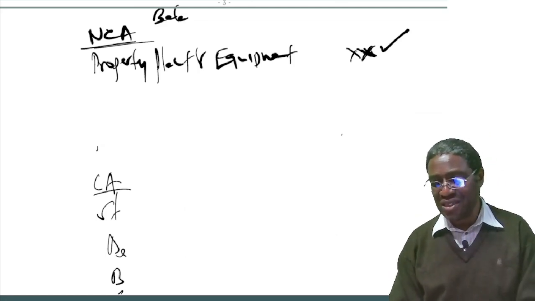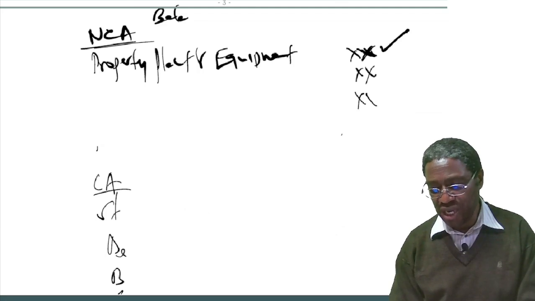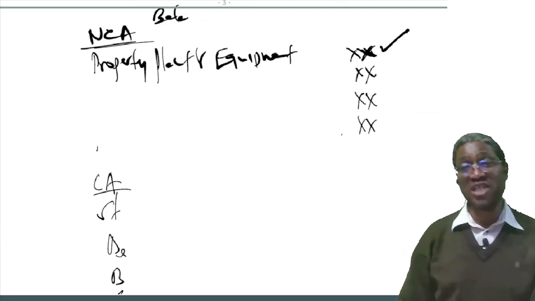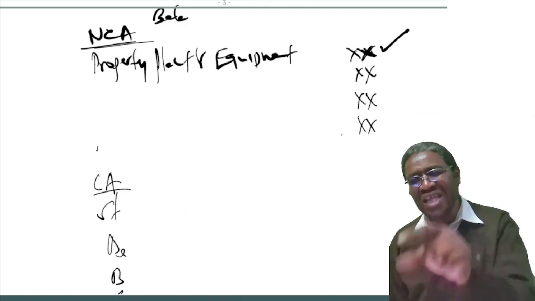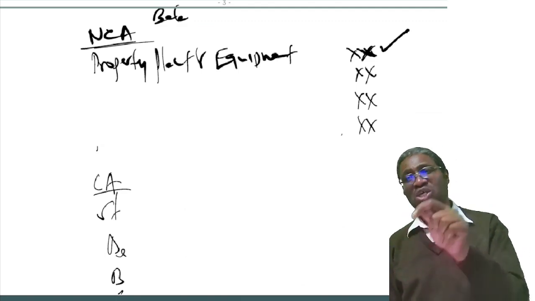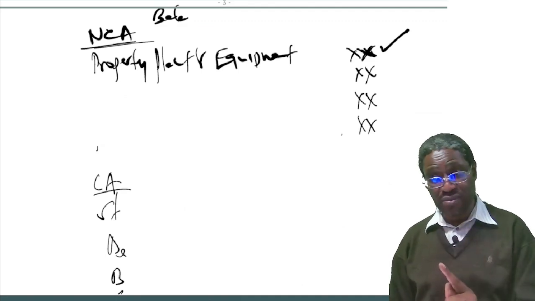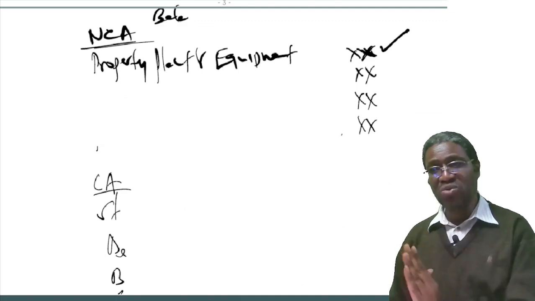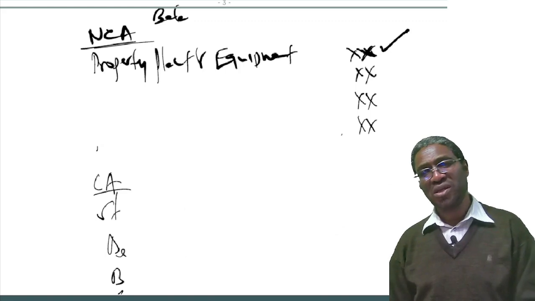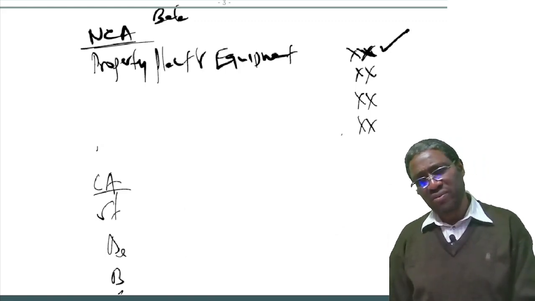Listen, that is the time now you show it individually. Any other fixed asset which cannot be classified under property, plant, and equipment, that's the one you now show individually. Which example can we give?